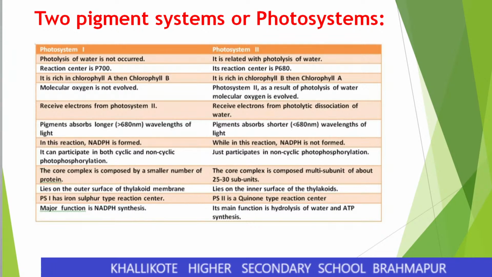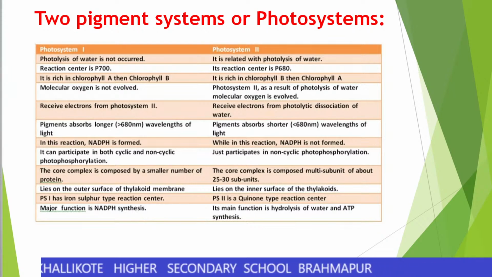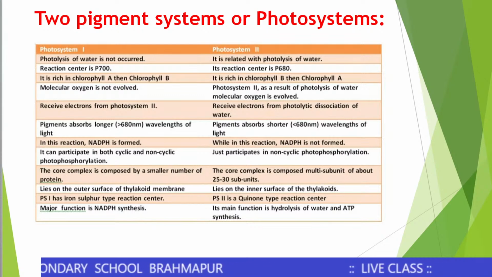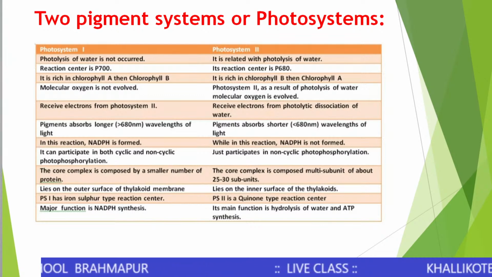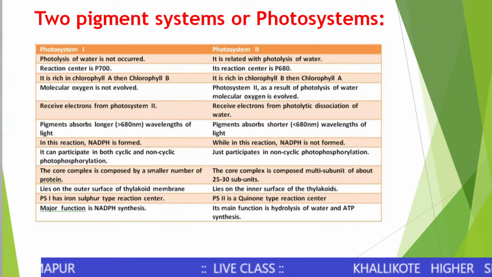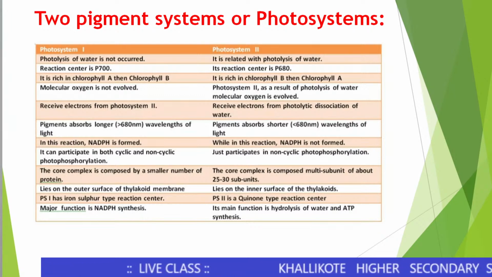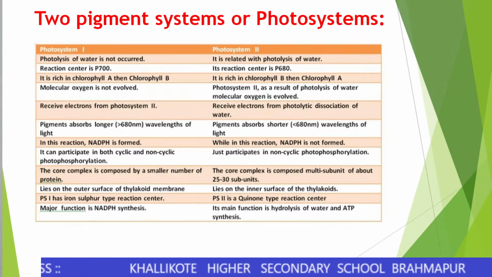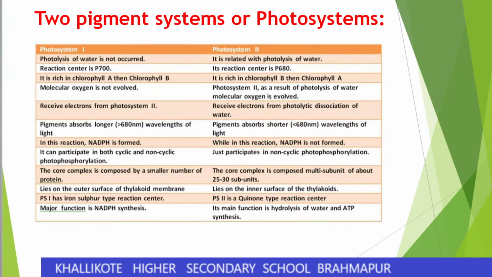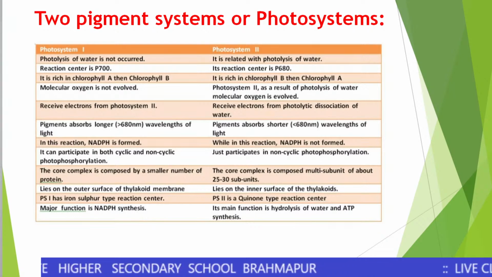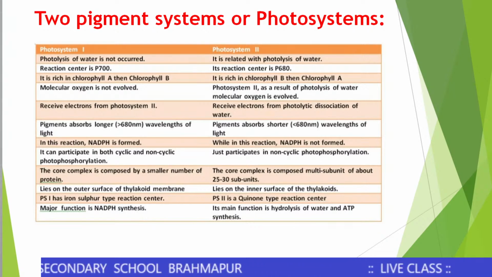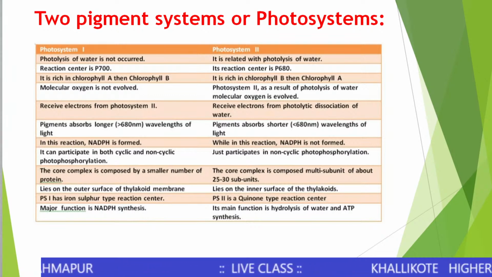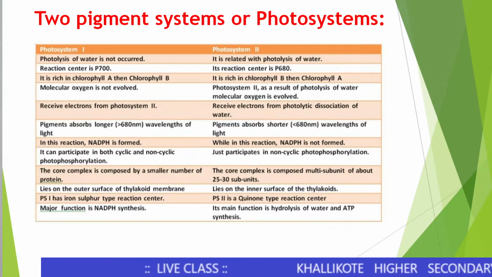Photosystem 1 is mainly involved with absorption of longer wavelengths of light, greater than 680 nanometers, whereas photosystem 2 absorbs shorter wavelengths of light, less than 680 nanometers. Photosystem 1 and photosystem 2 also show different types of reactions within the light reaction.